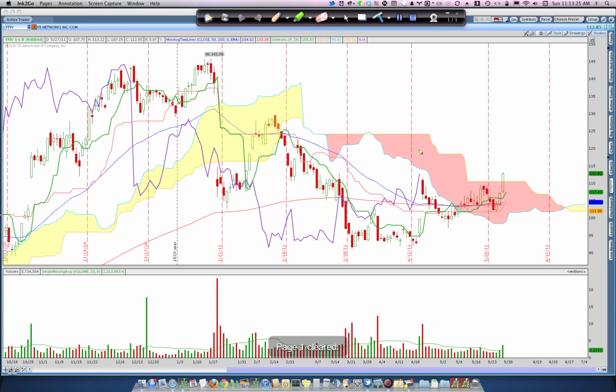The buying signal on a daily basis will be when the candles are above the cloud and when the Chikou span gets through the cloud. You can start to accumulate a little bit here, but your stop should be just below the top of the cloud.